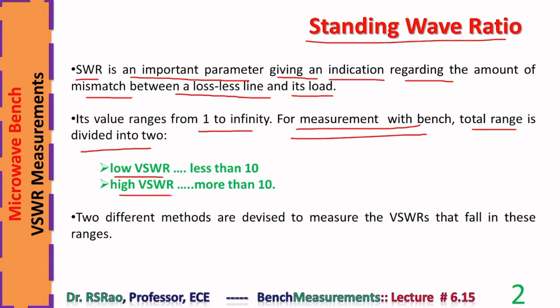Low VSWR range is 1 to 10, high VSWR range is 10 to infinity. This division is only for the purpose of measurement of VSWR with the bench. Otherwise, it has no significance. Two different methods are devised to measure VSWRs that fall in these ranges. One method to measure low VSWR, another method to measure high VSWR.